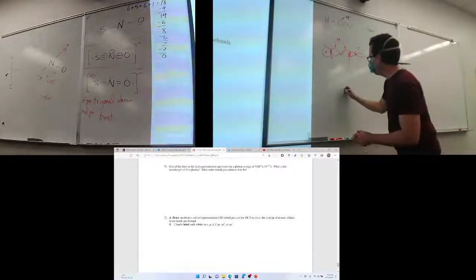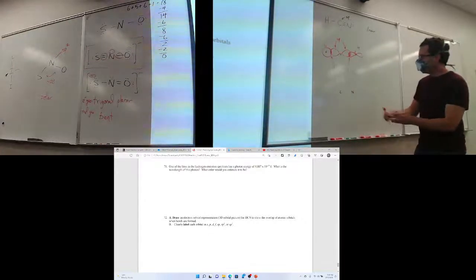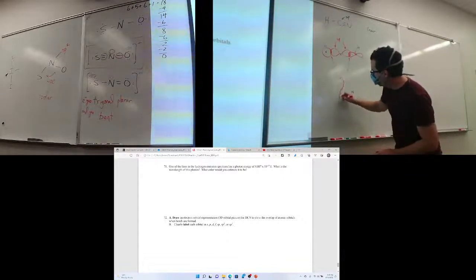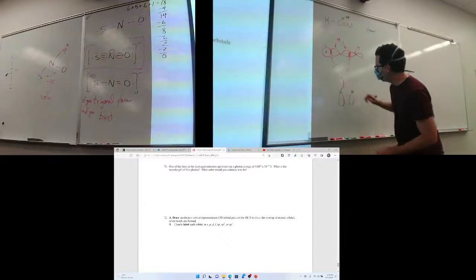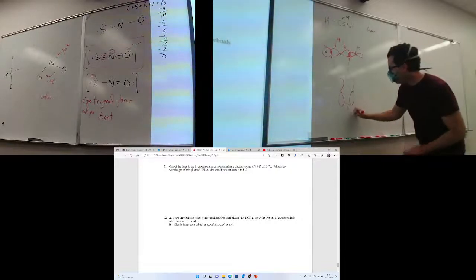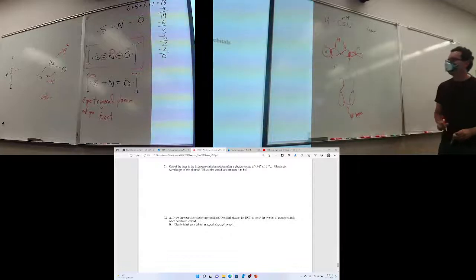So let me draw that separately so it's not a big mess. And there is a p orbital in the nitrogen as well. The p orbitals go this way and this way, and I didn't draw it very well, but they overlap side to side. And this is what is known as a pi bond.